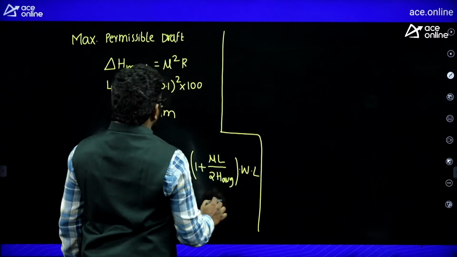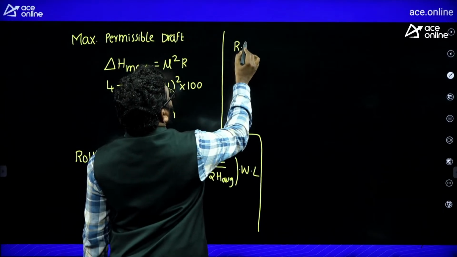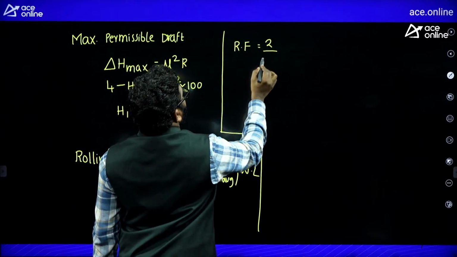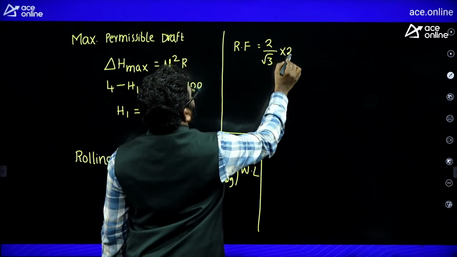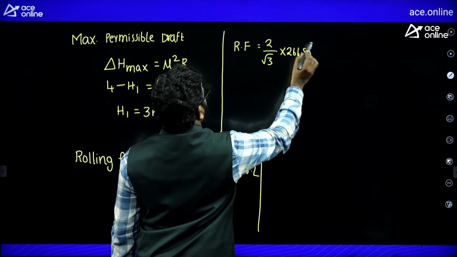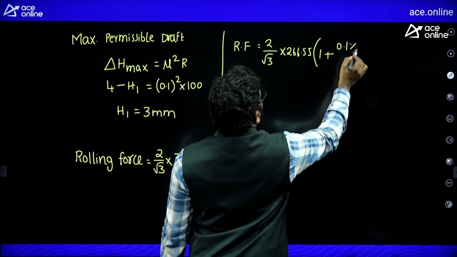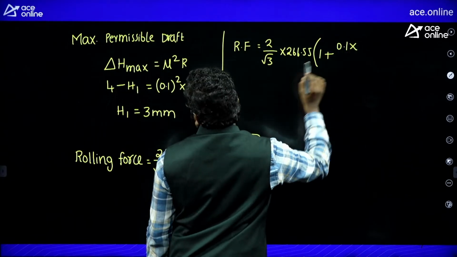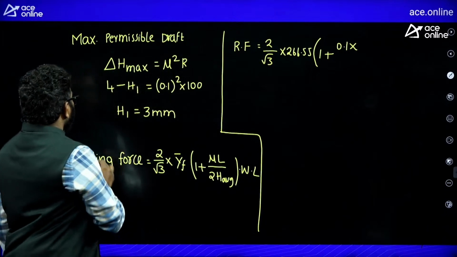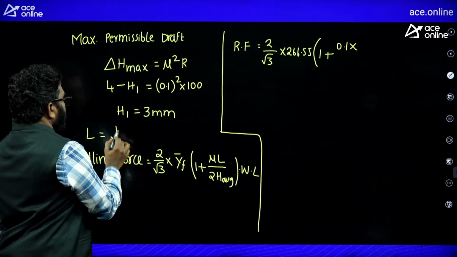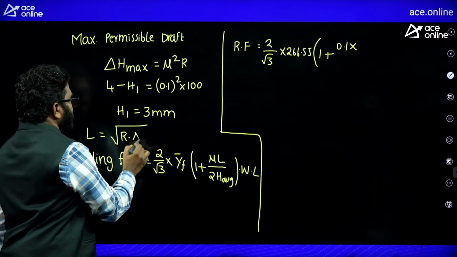If I substitute, see here, rolling force is equal to 2 by root 3 into 266.55 into 1 plus maybe 0.1 L, where L is the length of the deformation zone. Remember, L is the length of the deformation zone, root of R into delta h.